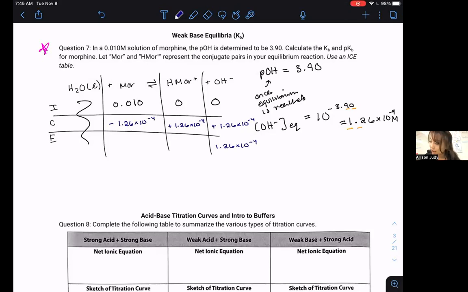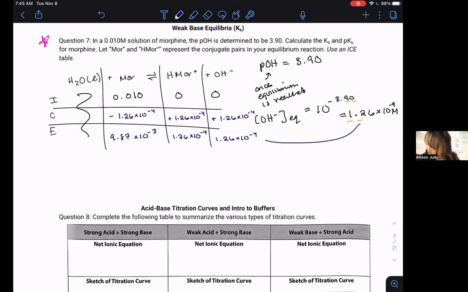And so I fill in this table and get 1.26 times 10 to the negative 4, and 0.010 minus 1.26 times 10 to the negative 4 is 9.87 times 10 to the negative 3. And so from this, I'm able to now plug into my Kb expression.